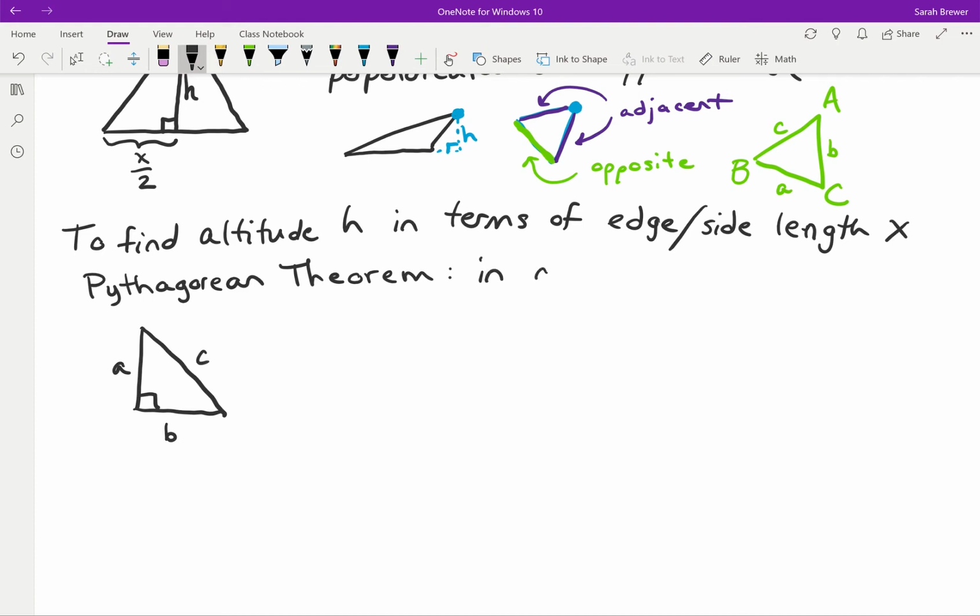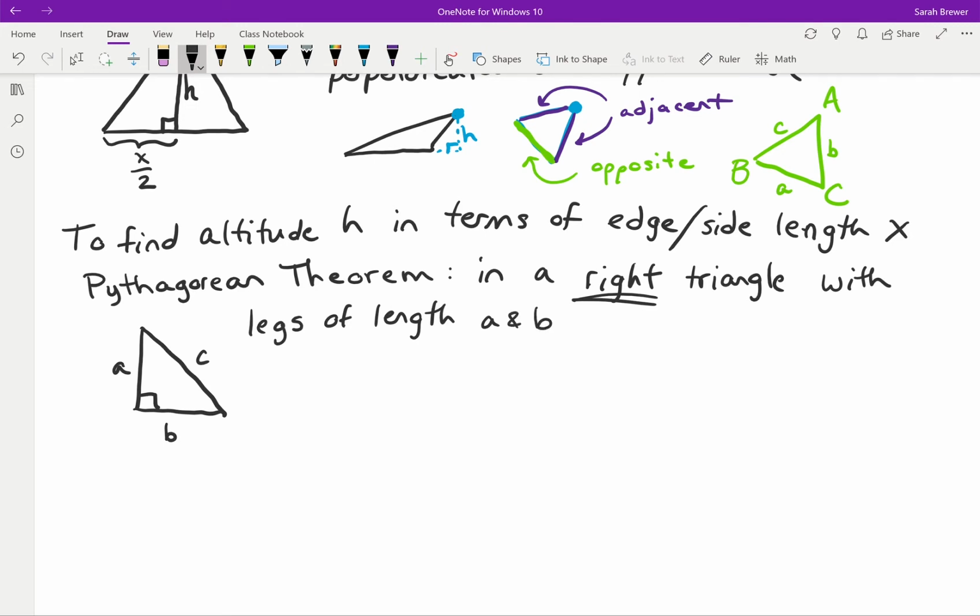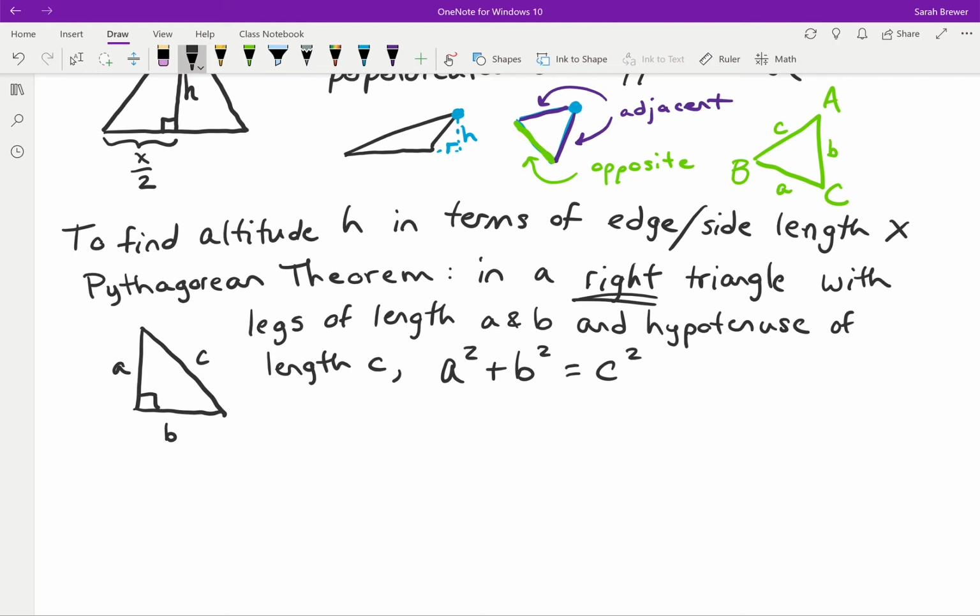So in a right triangle with legs of lengths a and b and hypotenuse, the hypotenuse being the side opposite the right angle, of length c, then the equation a squared plus b squared equals c squared is true.